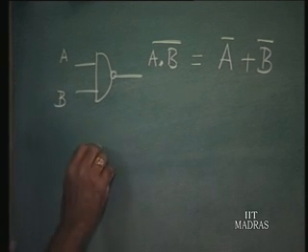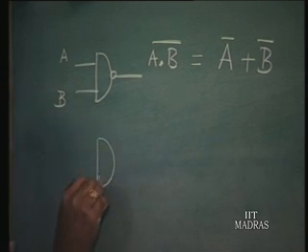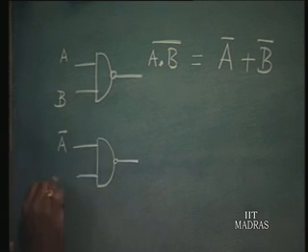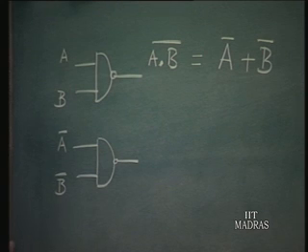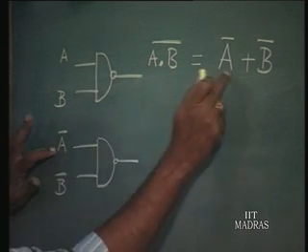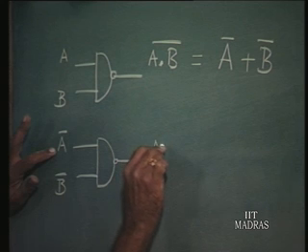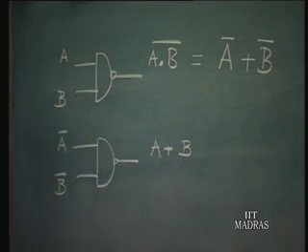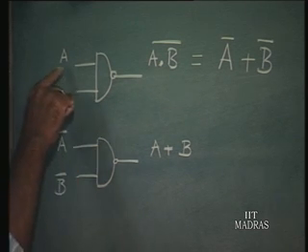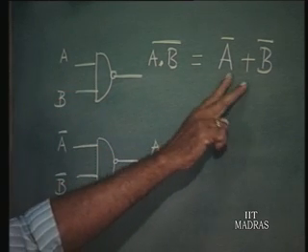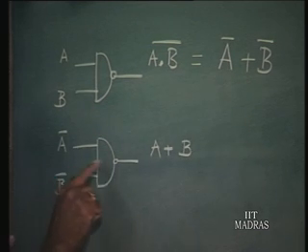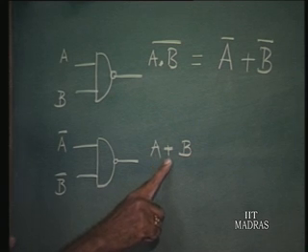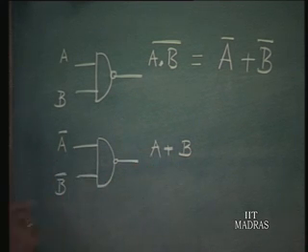In other words, if you give A bar and B bar as inputs, then A bar will be complemented, which will be A, and B bar will be complemented, which is B. So, one NAND gate works as an OR gate with its inputs complemented.